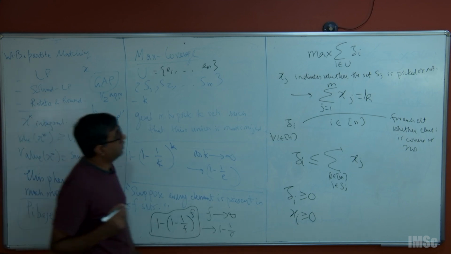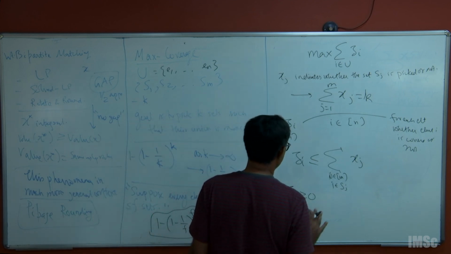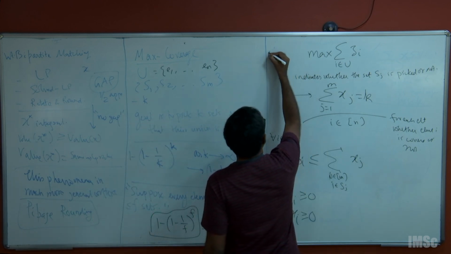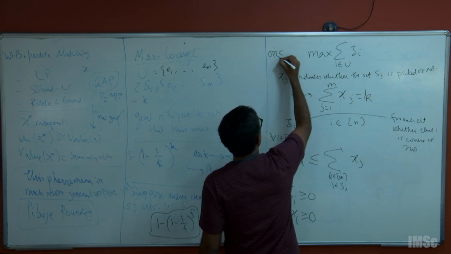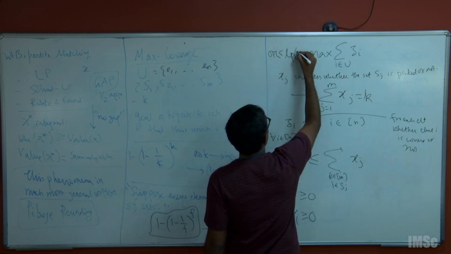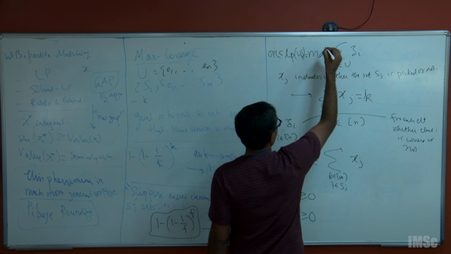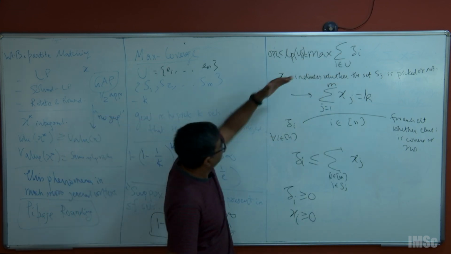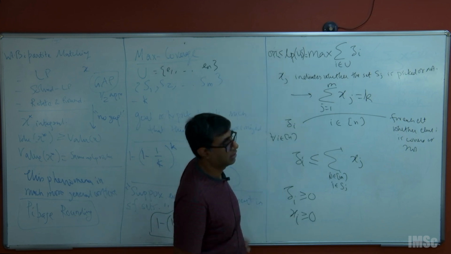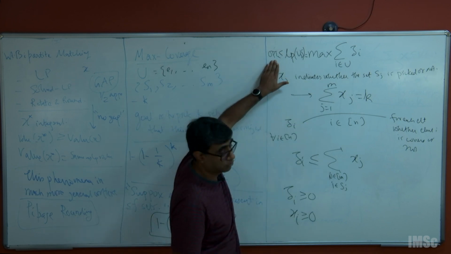Okay. So notice that the optimal integral solution is going to be at most LP of (U, S), which is given by this. So let's see why this is valid. Look at any integral solution for this.